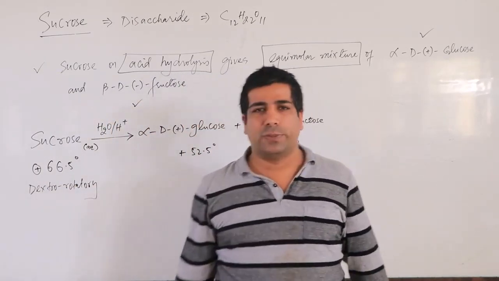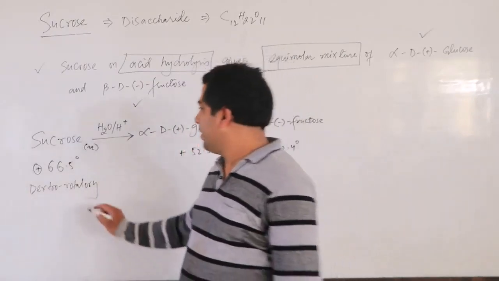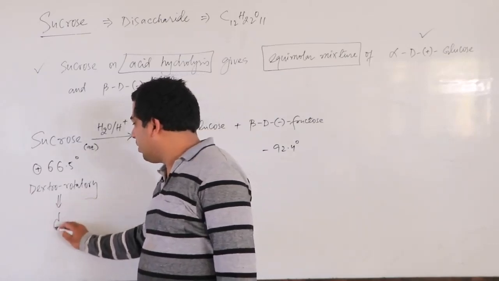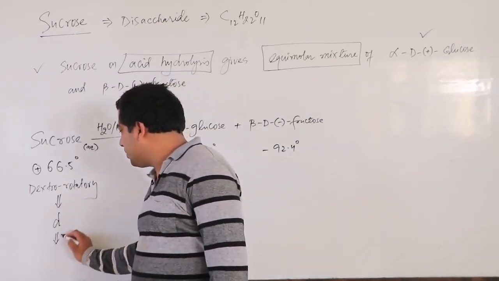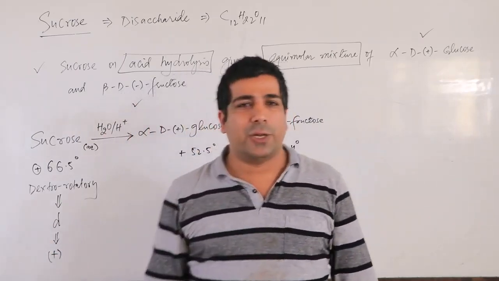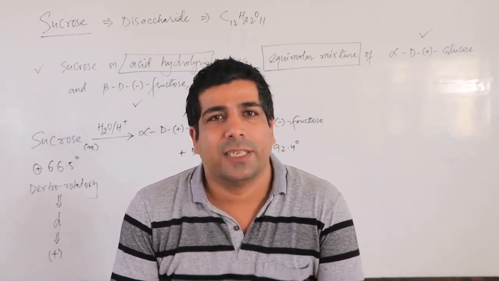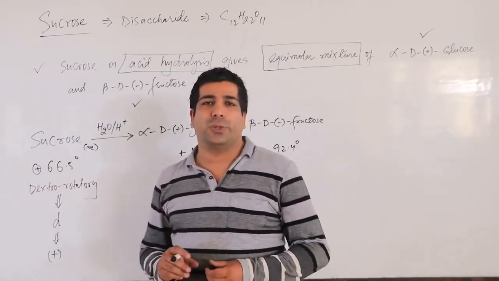So our sucrose molecule is dextrorotatory. Dextrorotatory is also represented by a small d, and also by a plus sign. So it can rotate the light in the clockwise direction, correct? Which one? The sucrose solution.